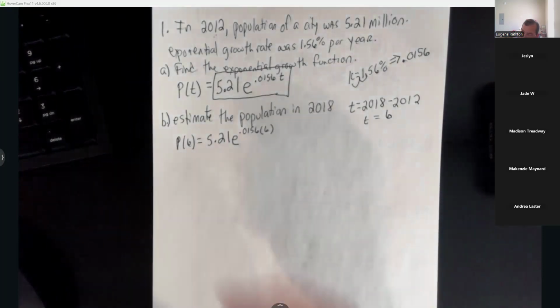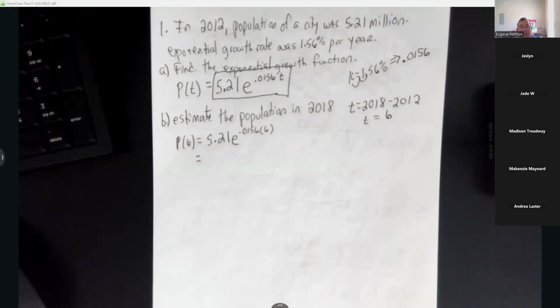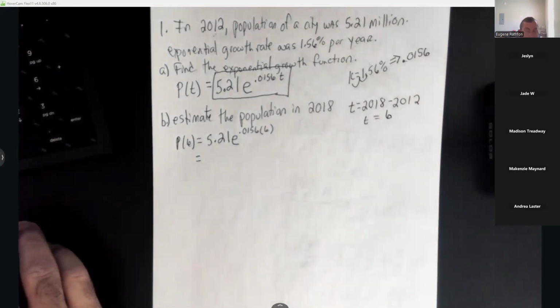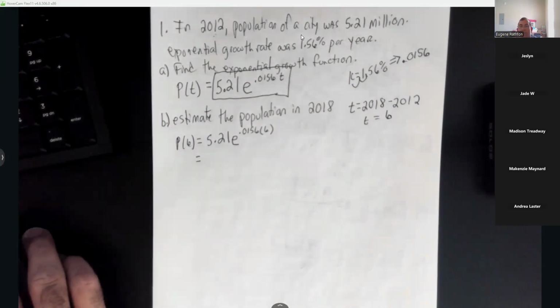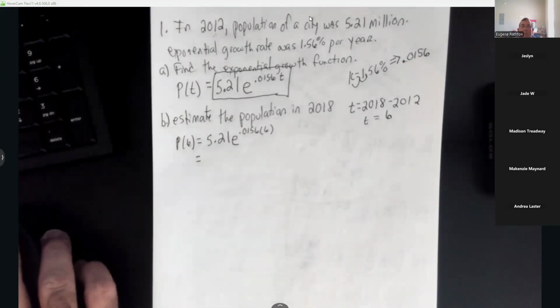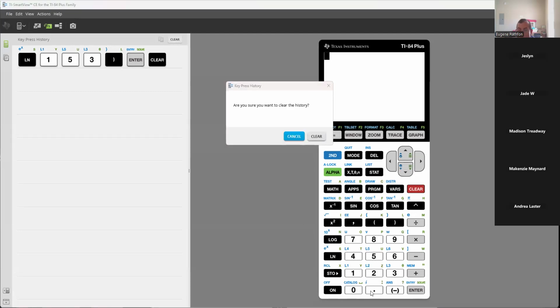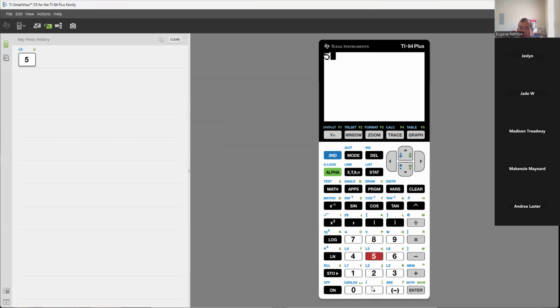All right, y'all. So I'm going to push that in on my calculator. They want me to round it to 1 decimal place. So let's clear everything. All right, so I had 5.21. Now, since I'm using e with an exponent, I'm going to hit second ln to get e with the exponent.